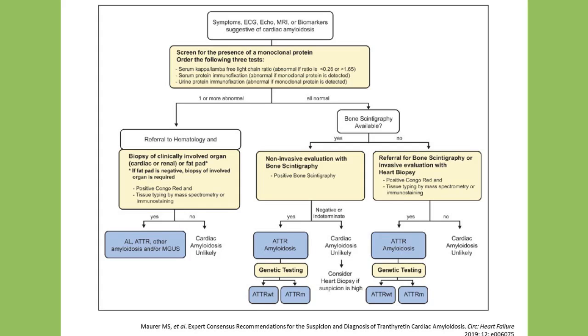And as we look at the algorithm and get into negative or positive, we are then able to differentiate true ATTR, and as I mentioned earlier, ATTR is the disease process that we see most commonly on the PYP studies. And then being able to have genetic testing to determine whether or not this is a hereditary condition, or if it is not, if it's just this wild type that isn't related to genetics.